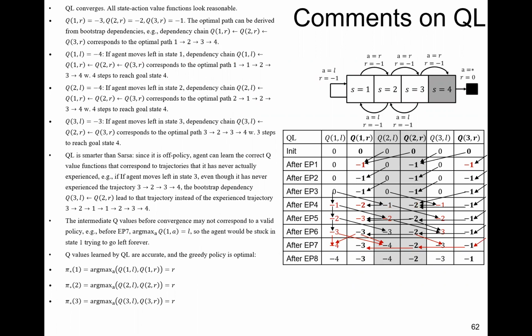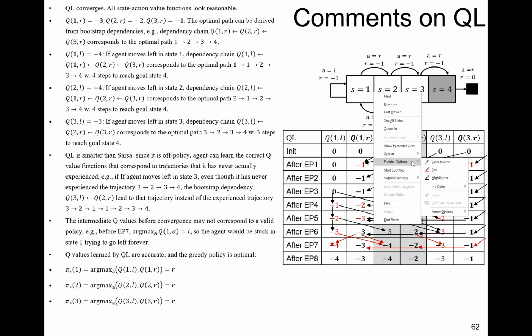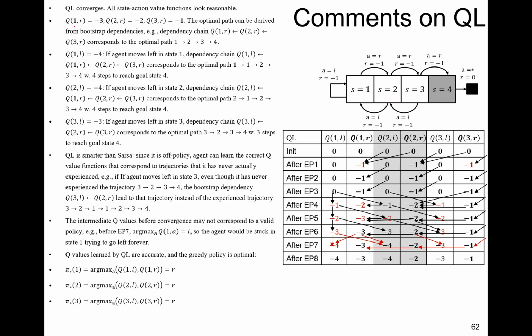So for Q-learning, the Q values converge and all the state-action values look very reasonable. First, these three are reasonable.